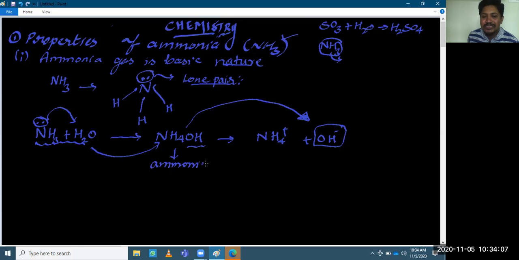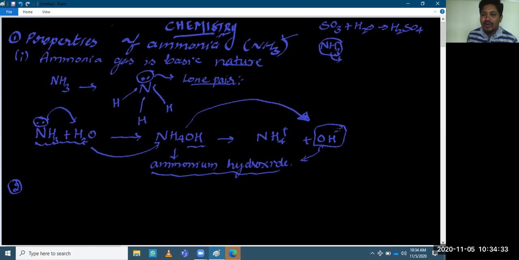Ammonium hydroxide itself is liquor ammonia. This is the basic nature of ammonia: when it dissolves in water, it produces hydroxide ions that carry the basic property in the aqueous solution of ammonium hydroxide. That's all.